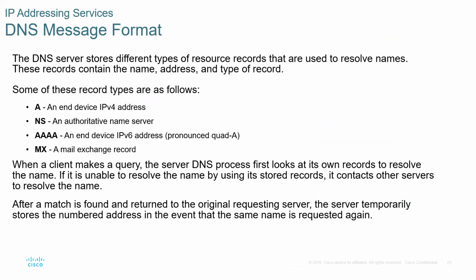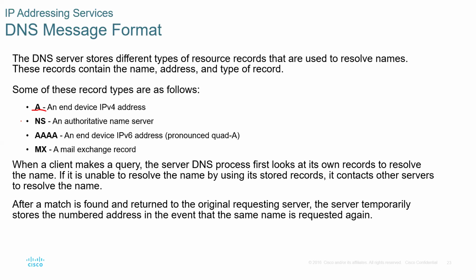Now, the DNS server stores different types of resource records that are used to resolve these names. Because how does the DNS know which IP address is for which domain? There are certain records that it uses. We have what we call the A record, which is an end device IP address record, which means it contains the IP address of the machine itself, that is, the server itself.